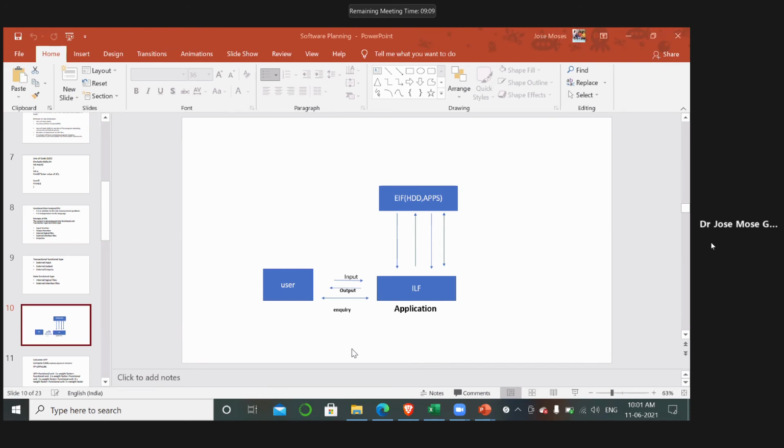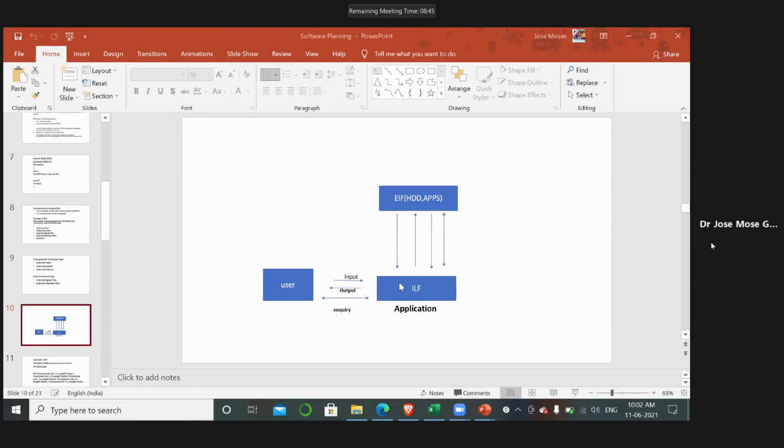Okay, whatever the application might be, whatever the software application might be, this is the block diagram of an application. Let us consider this as an example for an application. That application is used by a user.